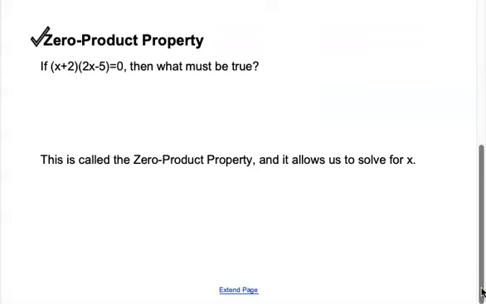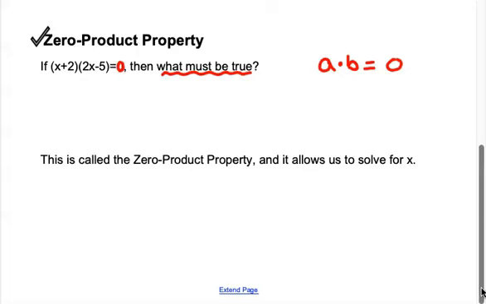All right, something called the zero product property here. Here we have if x plus 2 times 2x minus 5 is equal to 0, what must be true? That's kind of the question right here. Well, if I know that a times b is equal to 0, there's something that must be true if I have a product of 0.